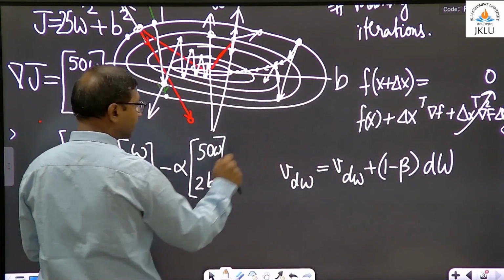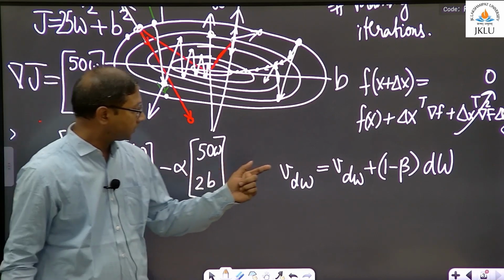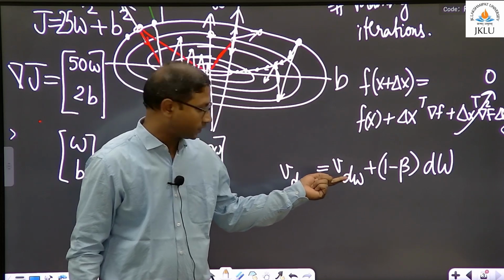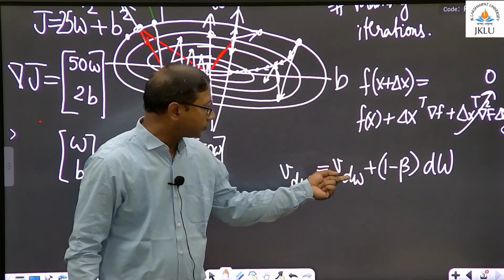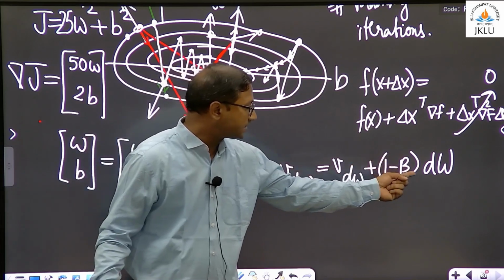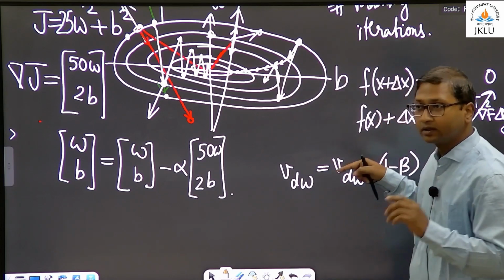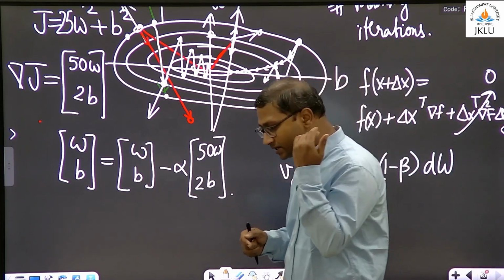We have talked about this kind of equation before. VdW equals beta times the previous VdW plus 1 minus beta times the current one.